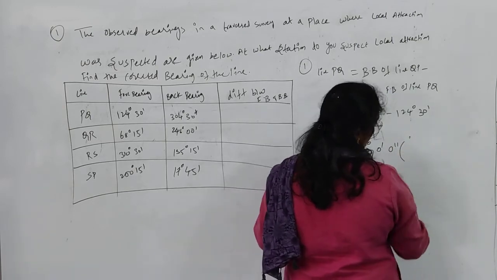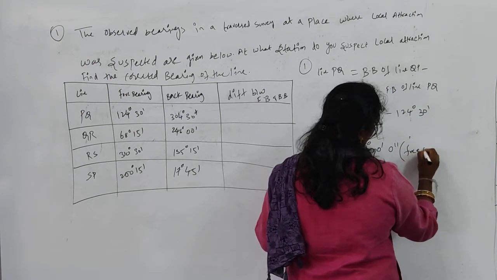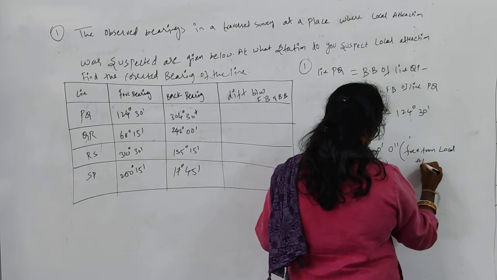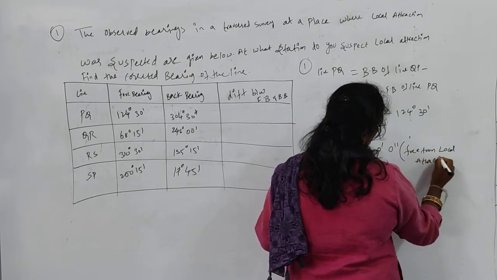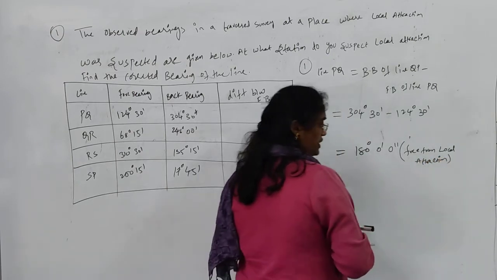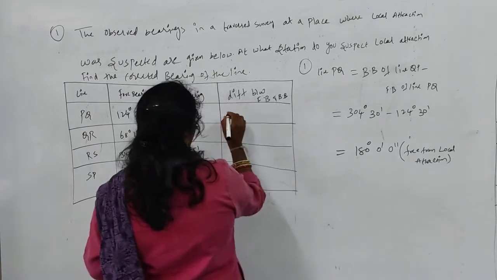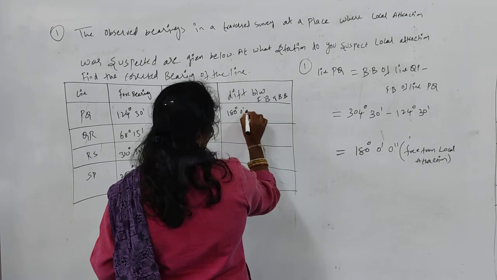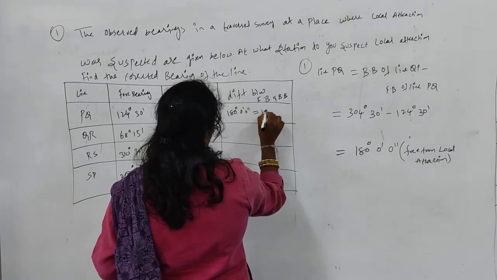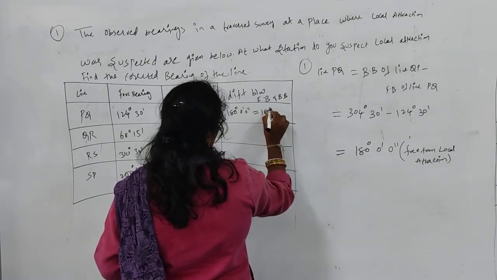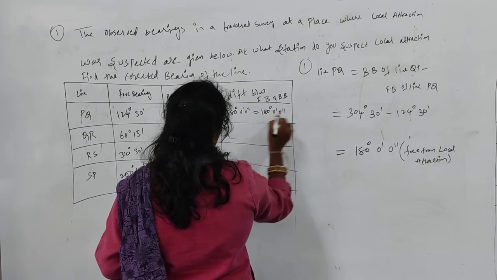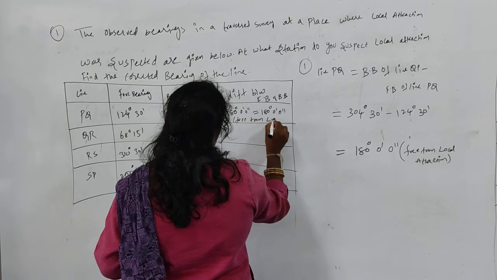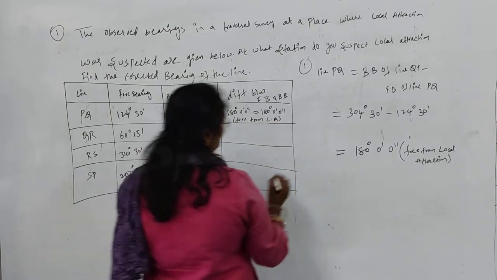Means this station is free from local attraction. Free from local attraction means here it will be exactly 180 degrees 0 minutes 0 seconds, free from local attraction.